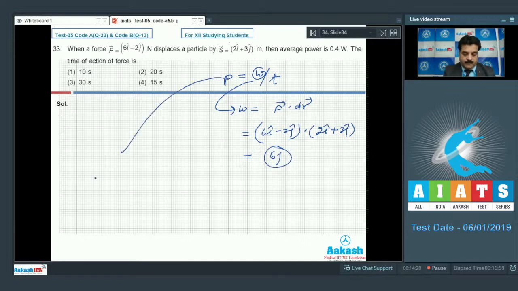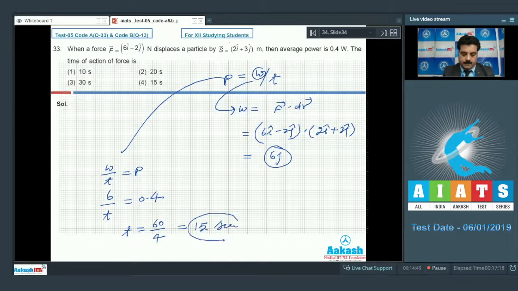Using the relation, power P equals work done by time T, work is 6, time T is our requirement, and power is 0.4. So the time will be 60 by 4, that will give you 15 seconds. So this is the required time, and option number 4 will be the right choice.